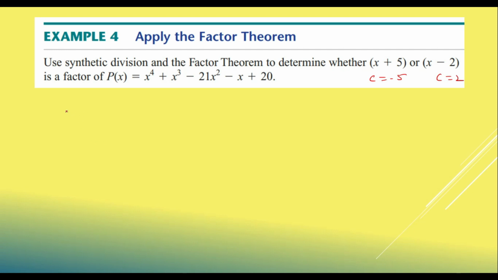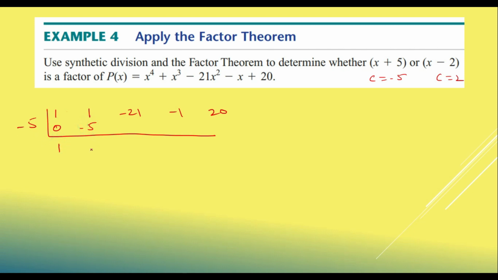So use synthetic division. X power 4, 1, x power 3, coefficient 1, x power 2, it is minus 21, x power 1, minus 1, constant 20. All the terms are available from power 4 to the constant. So divide it by minus 5. Use 0 here. 1 plus 0 is 1. Multiply with the minus 5, you get minus 5.